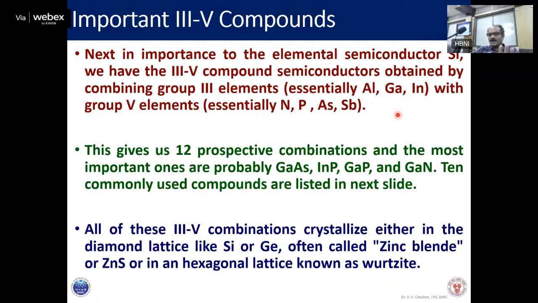So if you replace the FCC with HCP, and in a compound semiconductor you put the second element at the voids in the HCP structure, then the structure formed will be the wurtzite structure. So the wurtzite structure is nothing but an HCP structure where you have made a compound semiconductor: one element is at all the HCP sites, and another element is at the voids formed under these HCP sites.